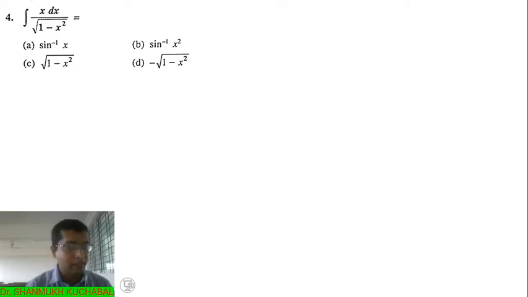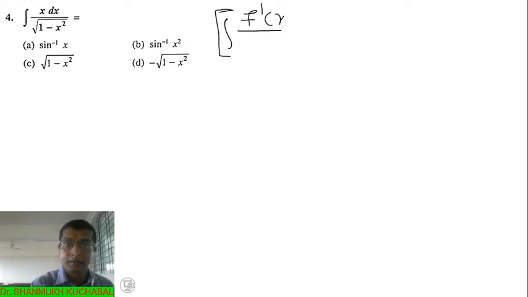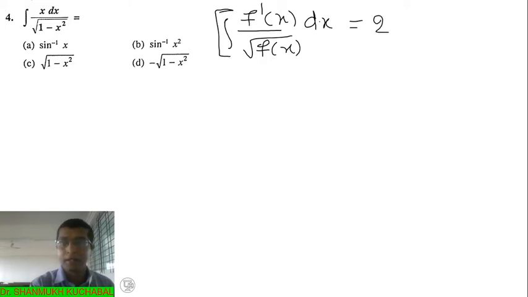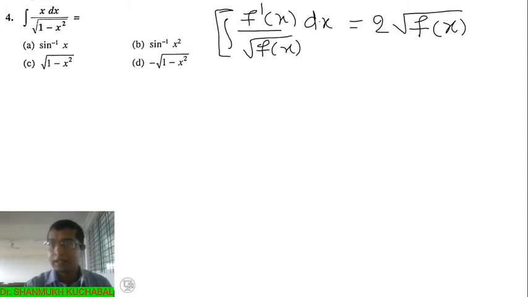Next example, example number 4, integration of x dx divided by root of 1 minus x square. So I use one formula, that is, integration of f dash of x divided by under the square root of f of x into dx can be written as 2 times root of f of x, and since it is an indefinite integration we can add the constant c.